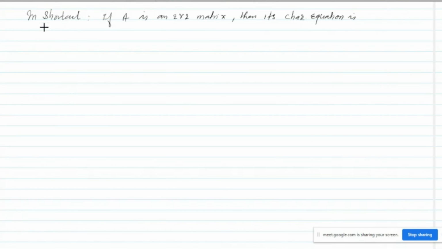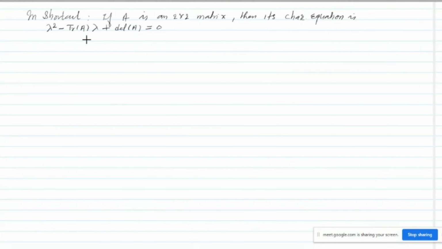So this is lambda square minus trace of matrix A into lambda, plus determinant of matrix A, and this equal to 0. This is your characteristic equation.